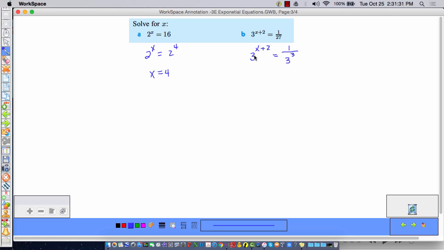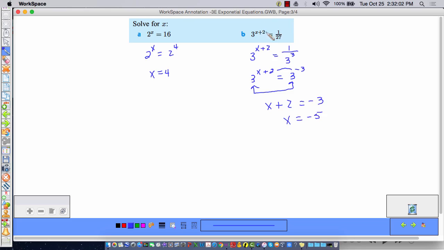And then to have the same base, I need to rewrite 1 over 3 cubed as 3 to the negative 3. So since the bases are equal, then I can set the exponents equal to one another. x plus 2 must be equal to negative 3, so x must be equal to negative 5.